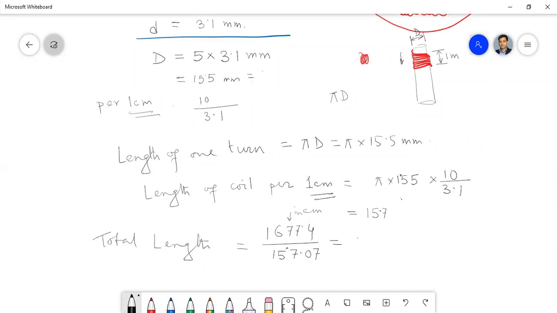So this should be converted into centimeter. Then you will get the answer. So it will be 100 something, isn't it? 106.78.